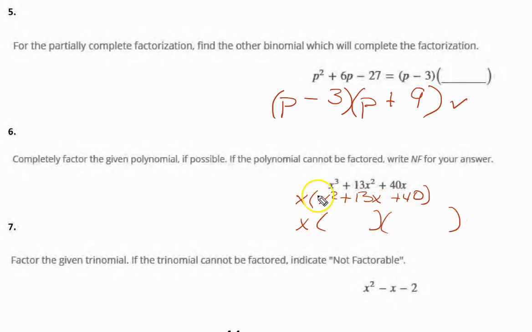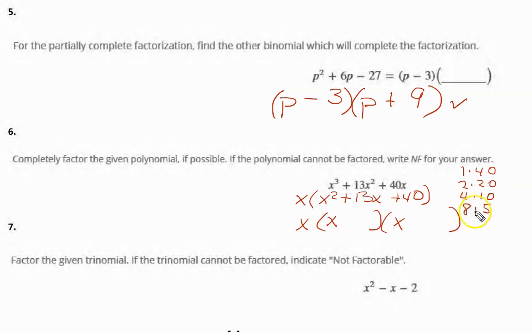Now, since our A term is 1, this is easy. X goes there and X goes there. So now we're looking for factors of 40 that will add up to 13. Well, mentally, 1 times 40, 2 times 20, 4 times 10, 8 times 5, or 5 times 8, either way.